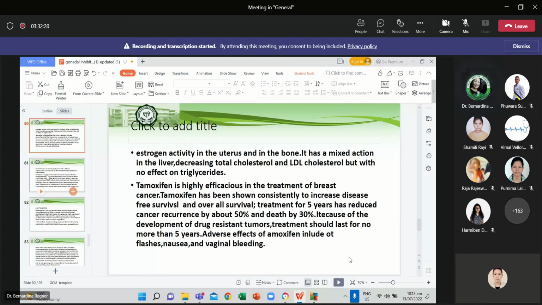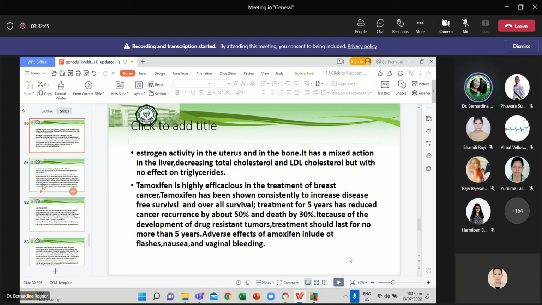Yes, it's a 5-alpha reductase inhibitor. But what is it, anti-progesterone or anti-androgen? Anti-androgen. Okay.